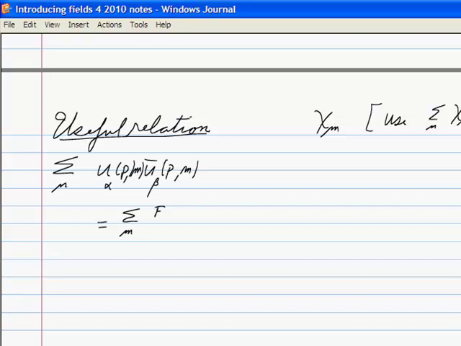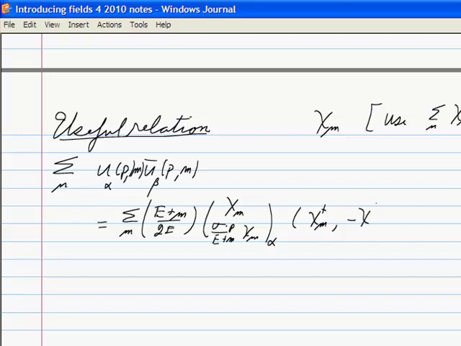Okay, so this is then the sum over m. Well, the two normalizations are the same. So there's a factor out in front that looks like that. And then it's chi m sigma dot p over e plus m chi m alpha, and then chi dagger m u bar is minus chi dagger m sigma dot p over e plus m beta.